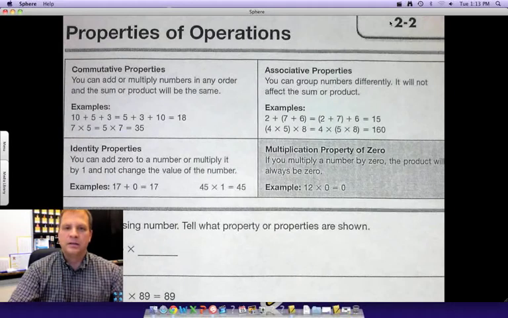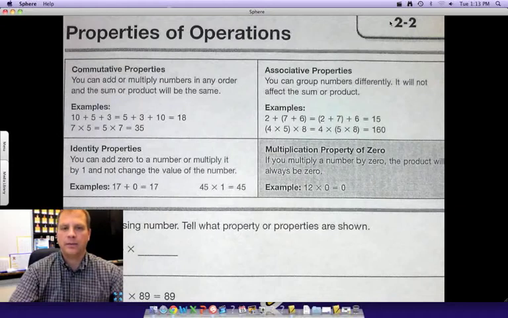Now the parentheses again tell us what to do first in the equation. So for the left of the equal sign, we would add 7 plus 6 first and then 2 to get 15. And on the other side, you would add 2 plus 7 first and then the 6 to get 15. Either way, no matter where we put the parentheses, it will still equal the same sum.